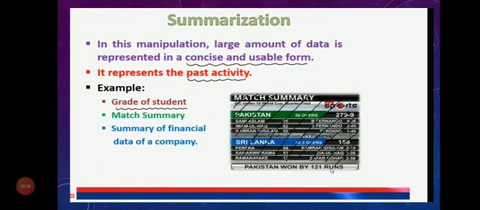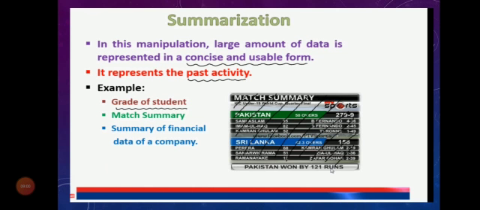Now it's summarization. In this manipulation, a large amount of data is represented in a concise and usable form. It represents past activities, for example, grades of students, match summary, and a summary of financial data of a company.